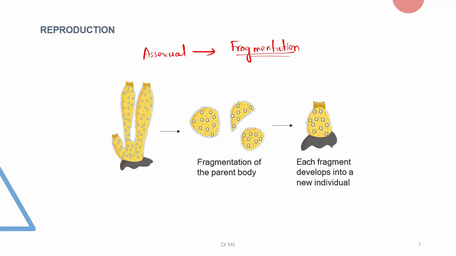The parent body will break into smaller segments, through which a new offspring is produced. Whatever the parent body is, it will break and each fragment will develop into a new individual. So that's called fragmentation, which is a kind of asexual mode of reproduction.